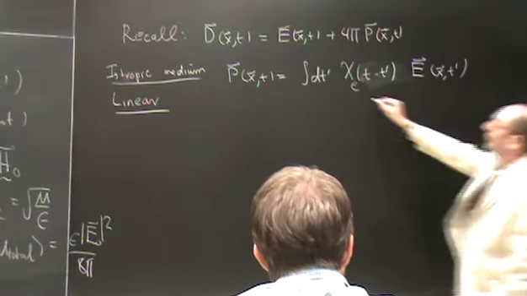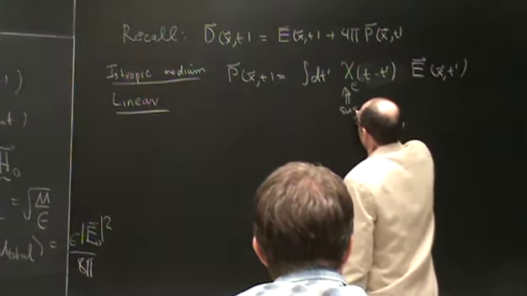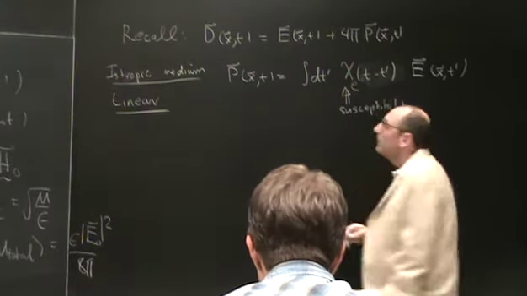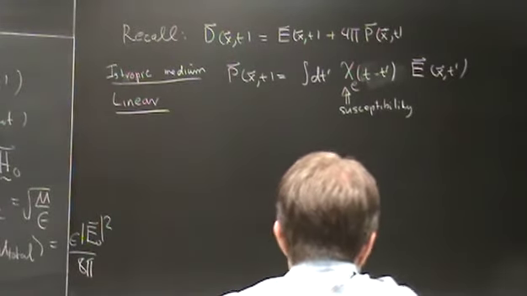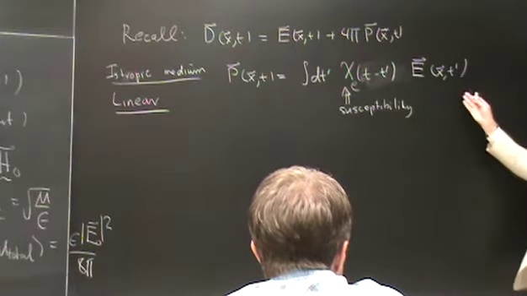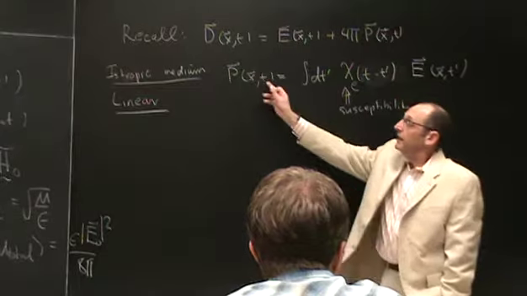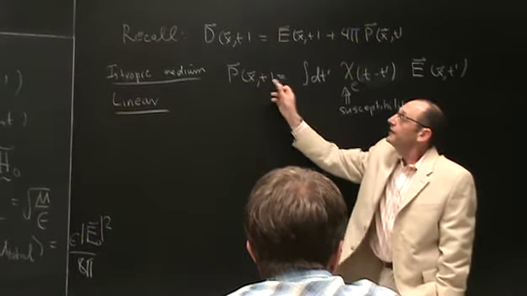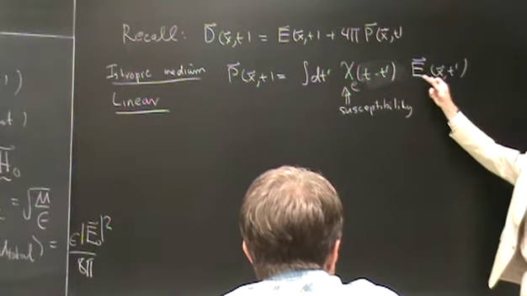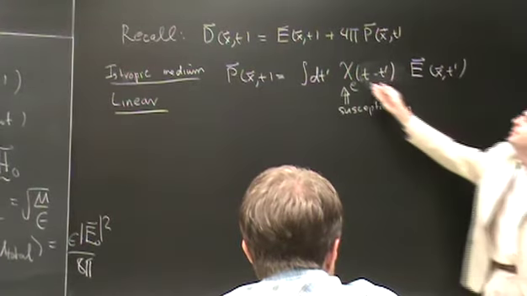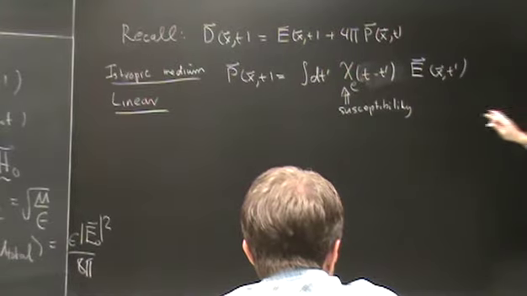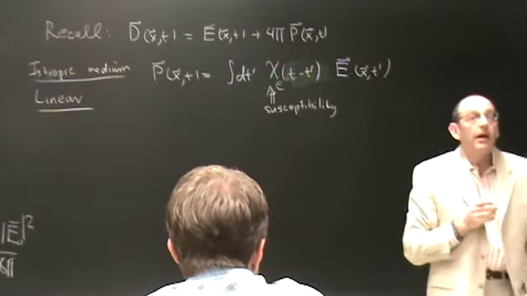So this we defined as the electric susceptibility. It tells me how susceptible the medium is to being polarized in the presence of some electric field, okay? And generally speaking, the polarization induced at some time t is not instantaneously related to the field at that same time, but there's some response time. So a response function, which is given here, okay?